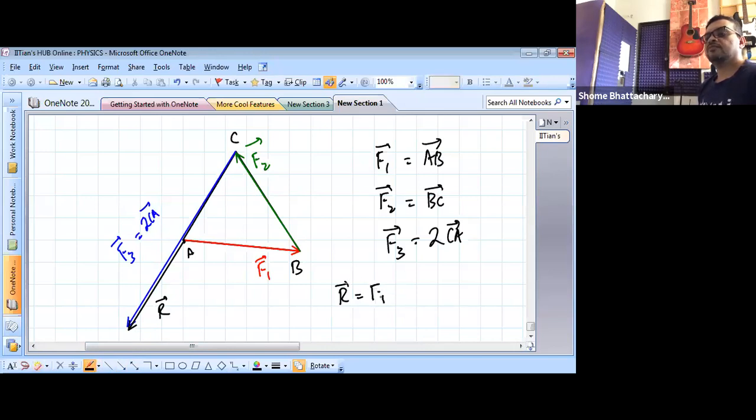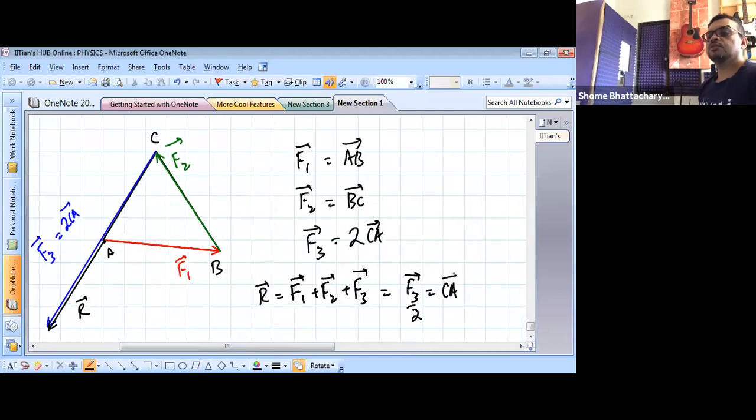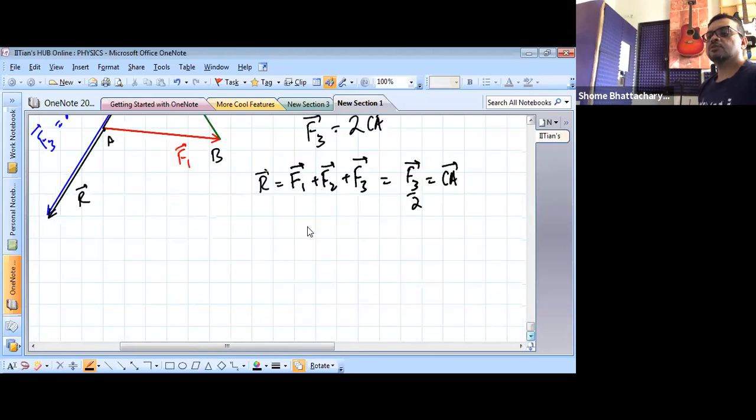It's going to be F1 plus F2 plus F3. So you can see that this will actually become F3 by 2, which is basically equal to CA. So it's proportional to the side CA. Why? Because you just break this up.